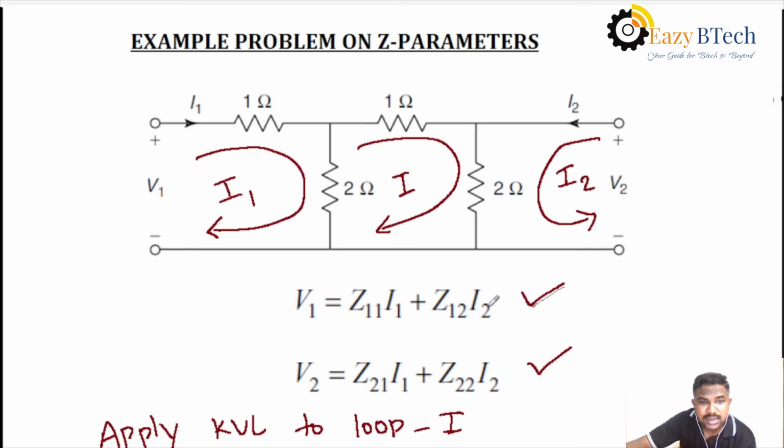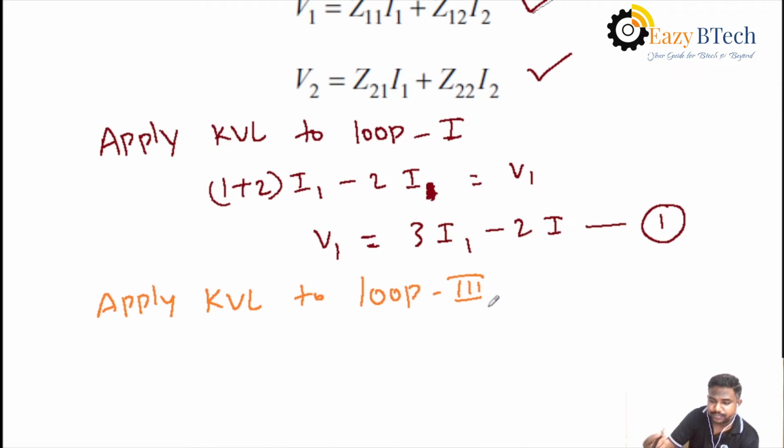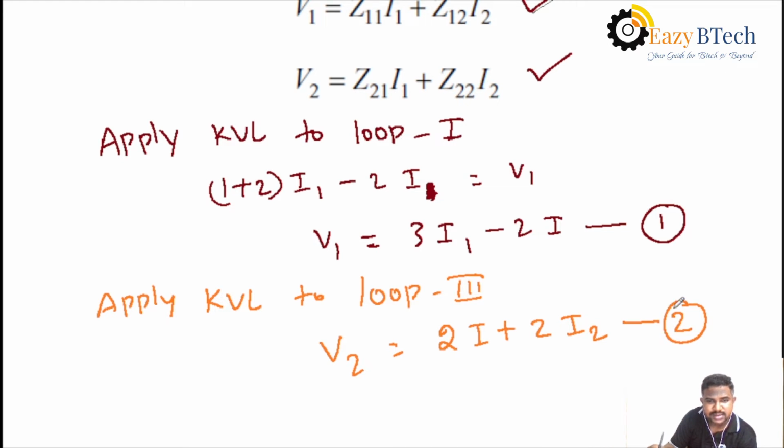Both are in the same direction. Hence, the drop across V2, that is V2 equal to 2 into (I plus I2). That's why 2I plus 2I2. This is taken as equation 2.